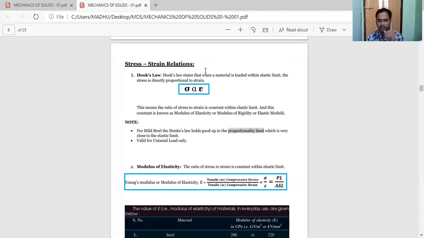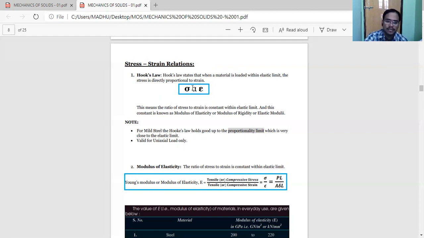When a body is subjected to uniaxial load, and for the type of materials, maybe ductile materials, within elastic limits or about to reach the proportional limit, we call it Hooke's law, where stress is directly proportional to strain.